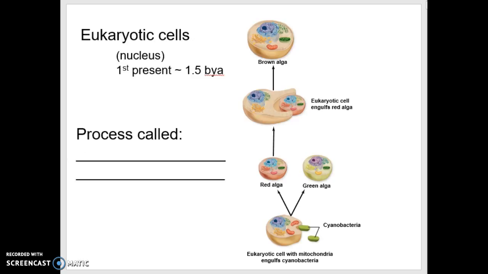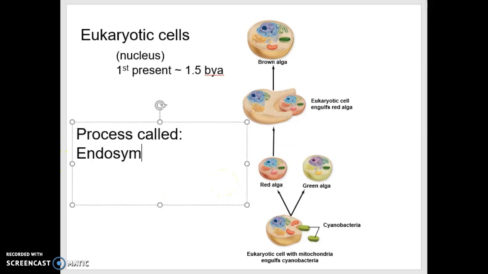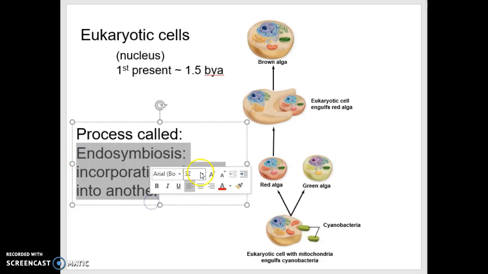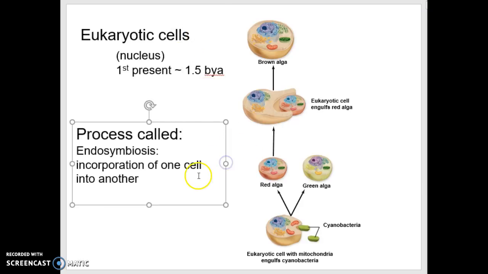And the eukaryotic cell, the thought is it originated through a process known as endosymbiosis. Okay, endosymbiosis is the incorporation of one cell into another.